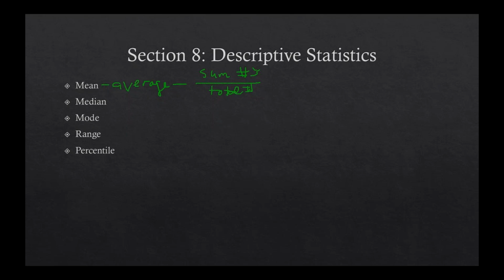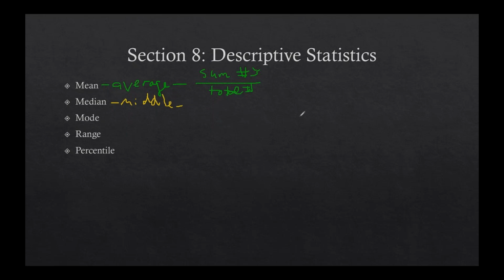What about the median? Can anybody describe that to me? You can use your microphone if that's easier. Trisha's correct. It is the middle number. So the median is the middle.